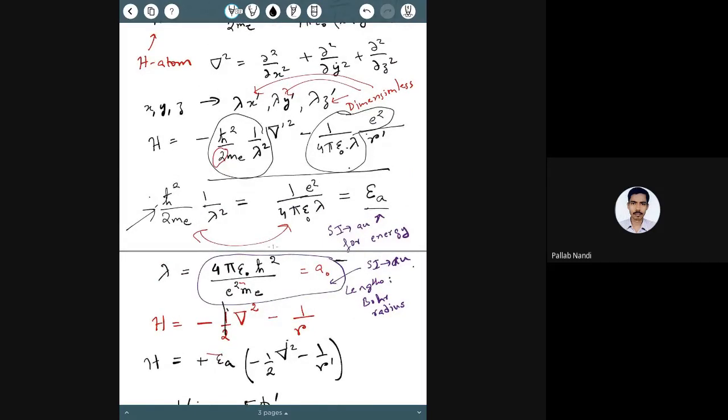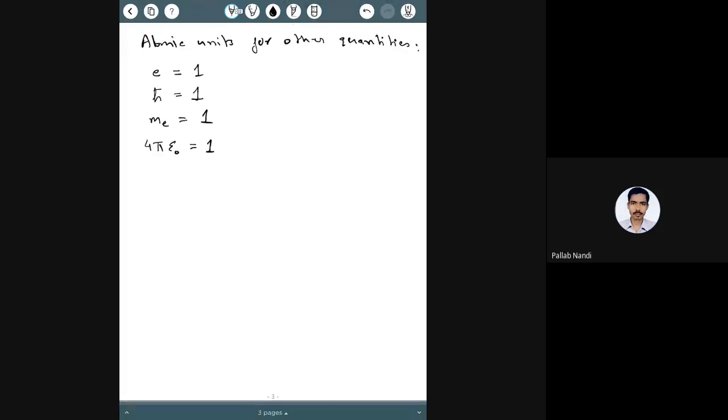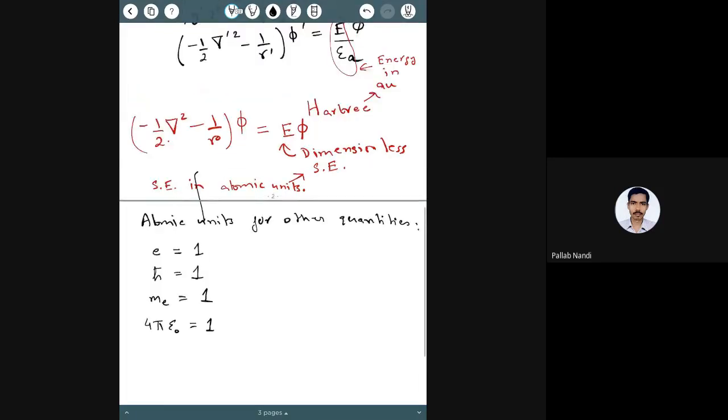Okay. And there are atomic units for other things as well. Let's say you can have atomic units for magnetic fields, electric fields, and other things as well. But for now, it is enough for us to look at the energy and the length scale here, and notice that all the constants from the Schrodinger equation are gone.